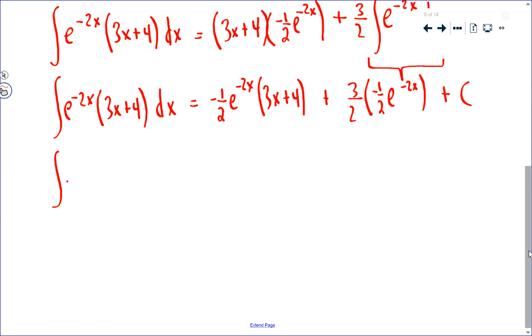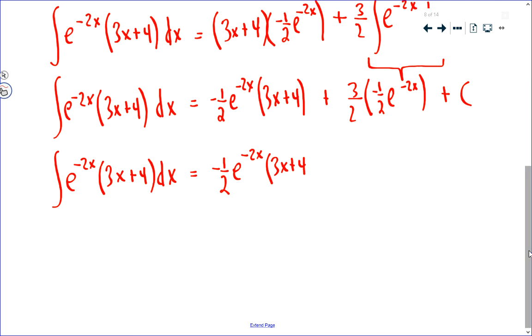We're claiming the integral of e to the negative 2x multiplied by 3x plus 4 dx is equal to -1/2 e to the negative 2x times 3x plus 4. Then we have minus 3/4 e to the negative 2x plus our constant.